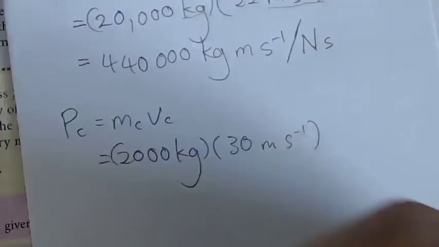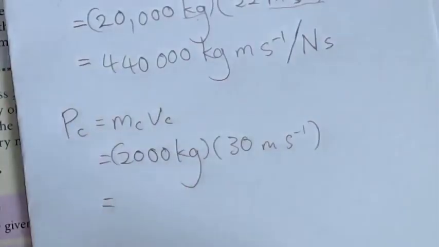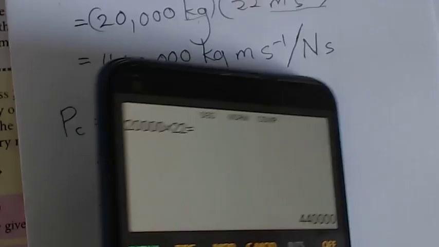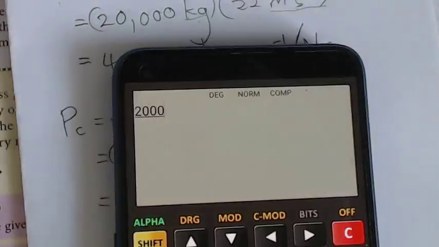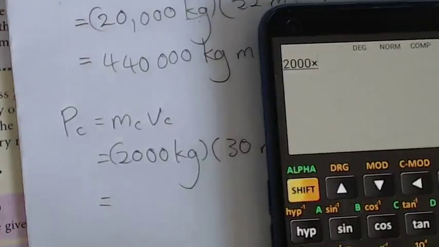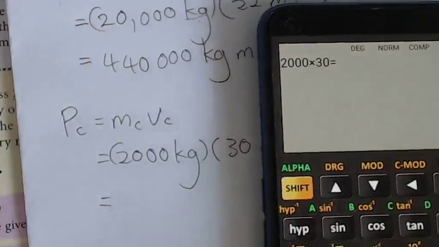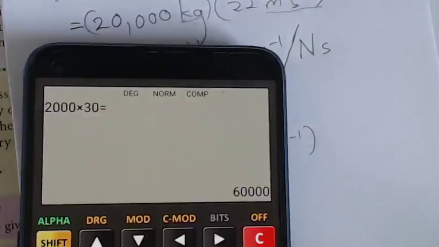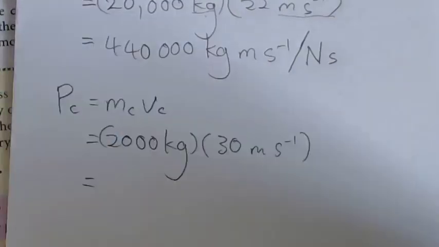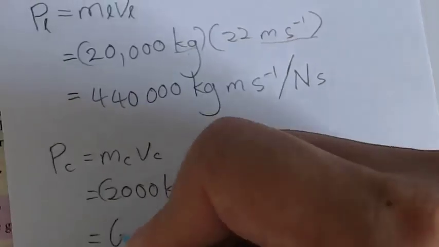Okay, press your calculator. Multiply 30. Okay, 60,000. Only 60,000. Wow.